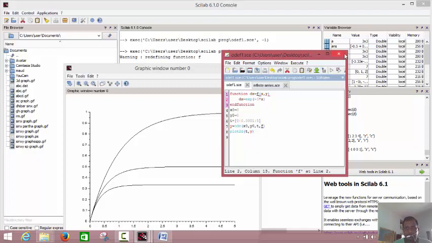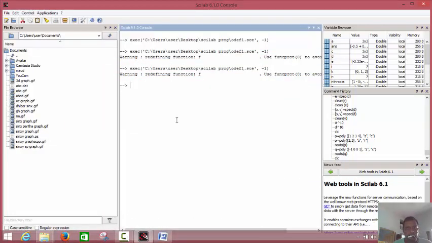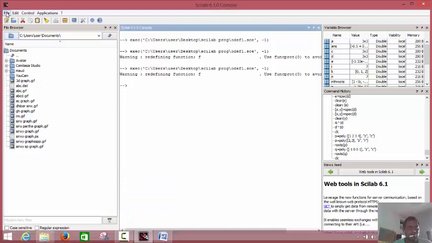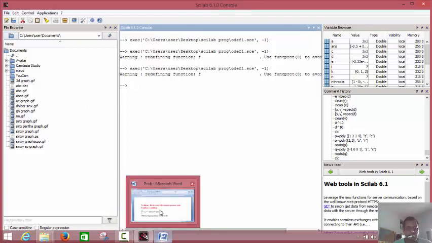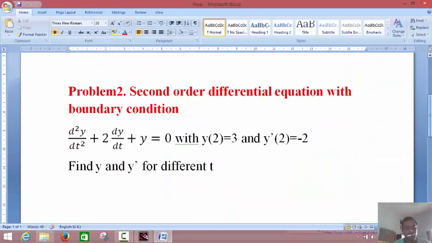Similarly we can solve a second order differential equation. The problem is like this: we have to solve the second order differential equation d2y/dt2 plus 2 dy/dt plus y equals 0 with boundary conditions.